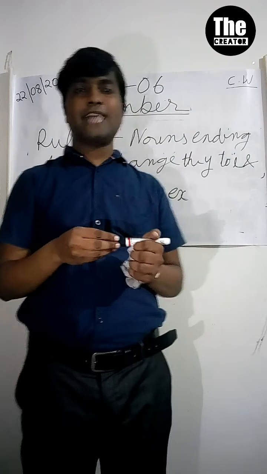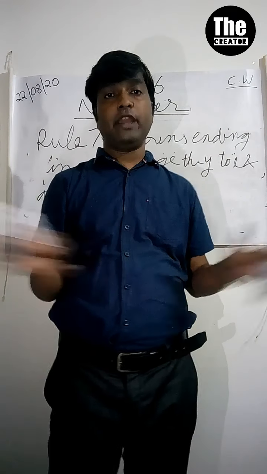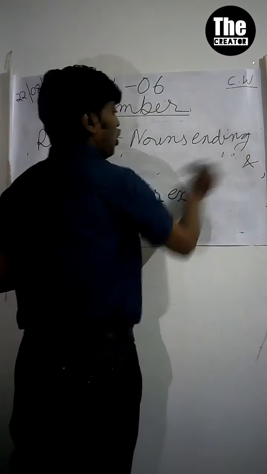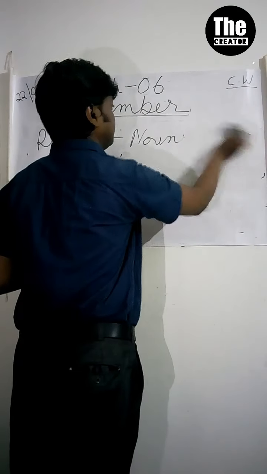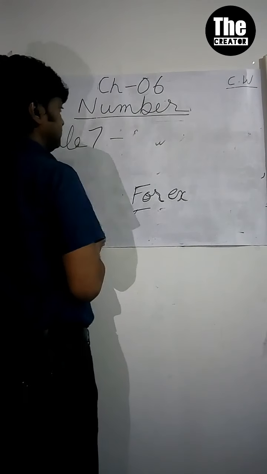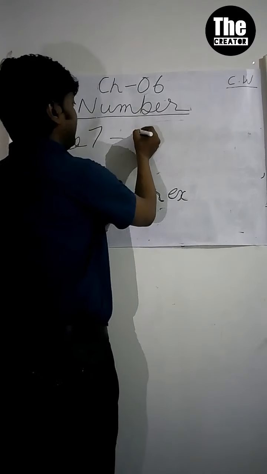Now our rule number 7, some nouns do not follow any rules. Got it? There are some nouns that do not follow any rule. You have to keep that in mind.